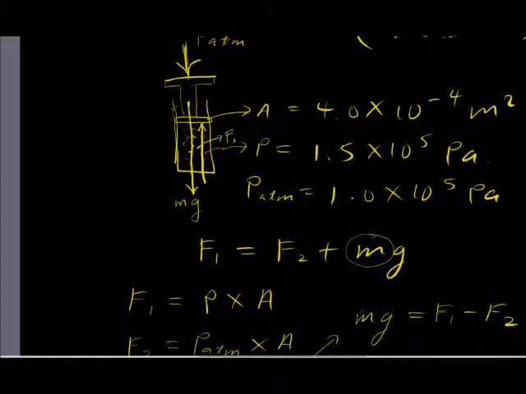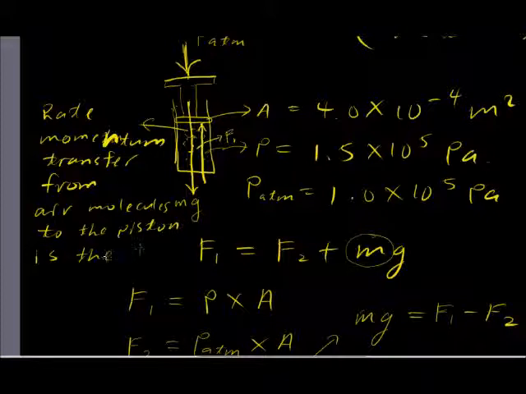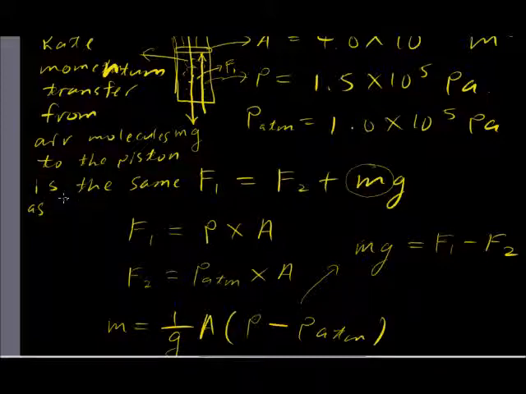So when the entire system is in equilibrium, where the piston is no longer moving downwards, we can say that the rate of momentum transfer from the air molecules to the piston is the same as the weight of the piston, which is mg.